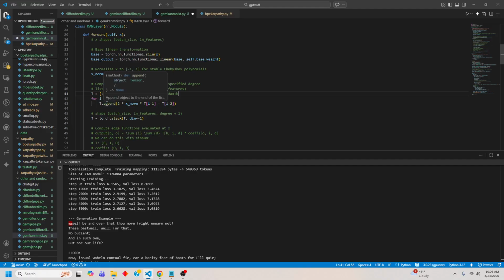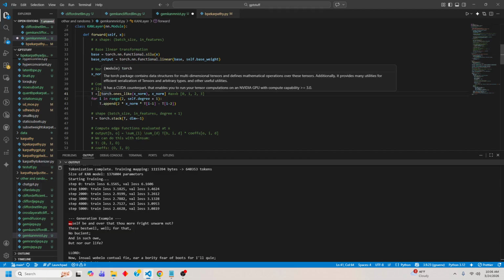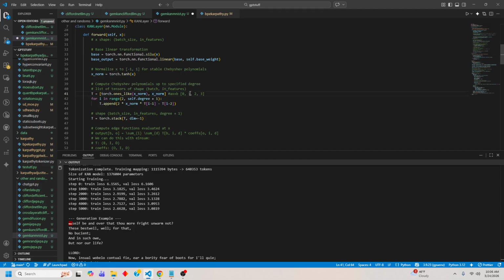The next part, we're going to append 2 times x norm times t i minus 1. So we're on the third one. It's the 0th power of x, the first power, the second power, and the third. Right now we have the first two, 0 and 1. Then we're going to append 2 times the data itself, x norm, which is just the tangent of x, times t i minus 1.